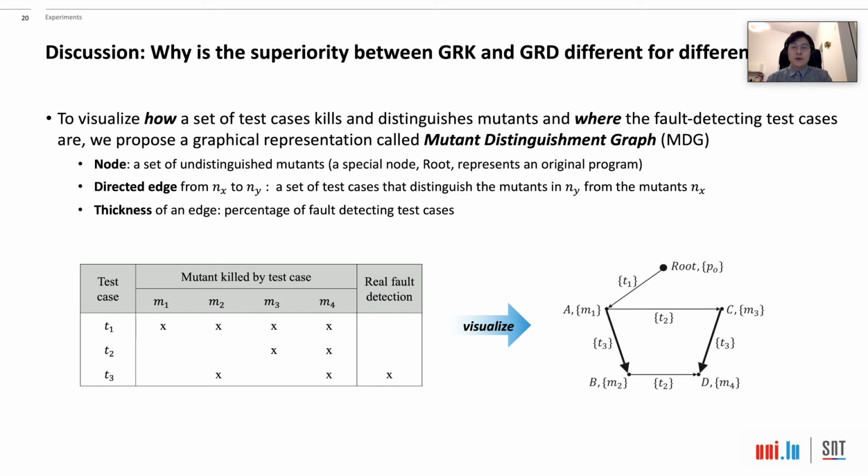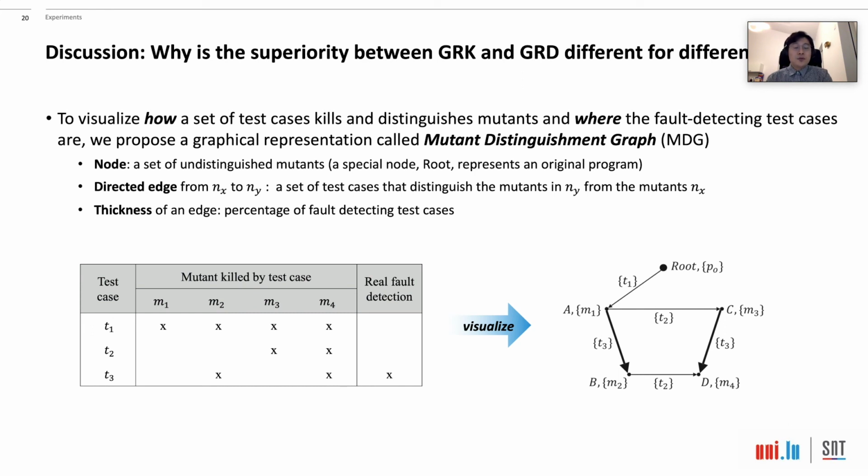In this graph, a node is a set of undistinguished mutants, and a directed edge from NX to NY is a set of test cases that distinguish mutants in the node NY from the mutants in node NX. The thickness of an edge represents the percentage of fault detection test cases.